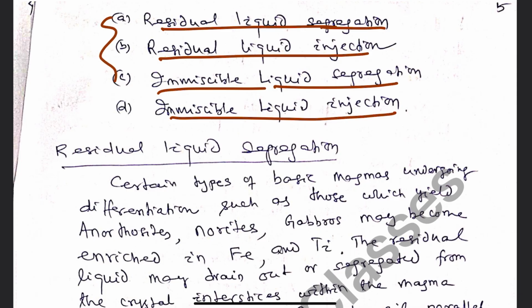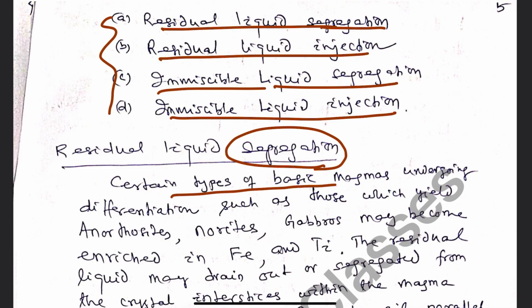These are the 4 processes by which late magmatic concentration of mineral deposits take place. Let us discuss residual liquid segregation first. As the term indicates, segregation refers to accumulation of minerals.